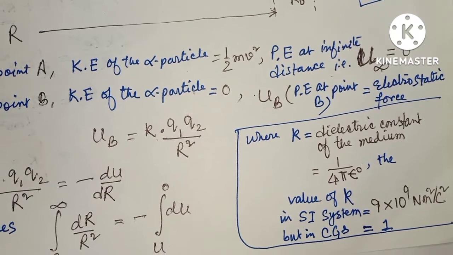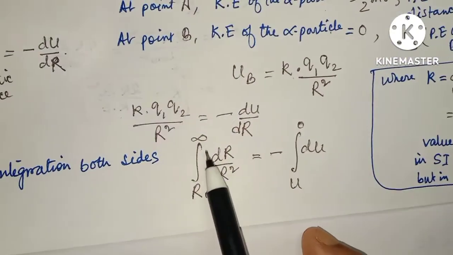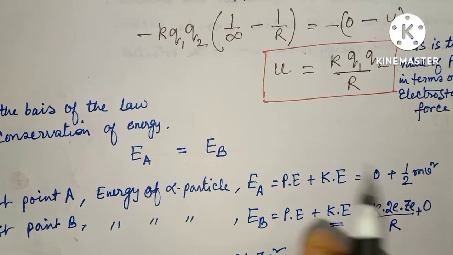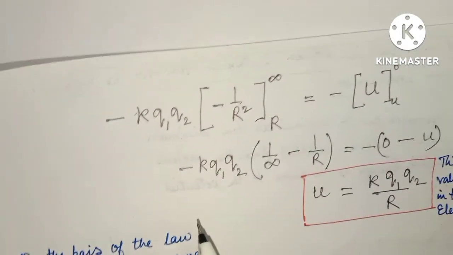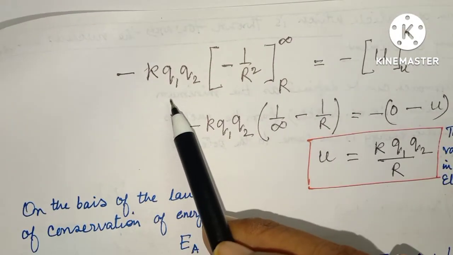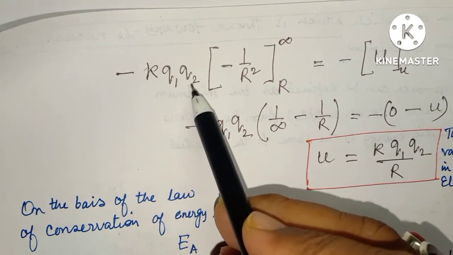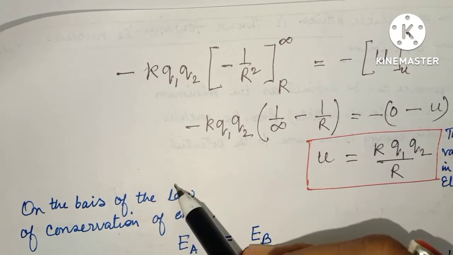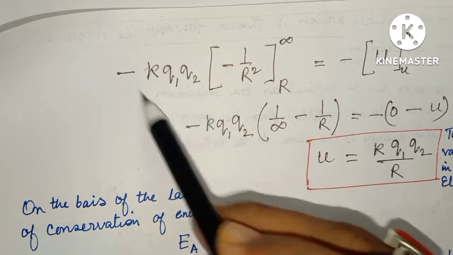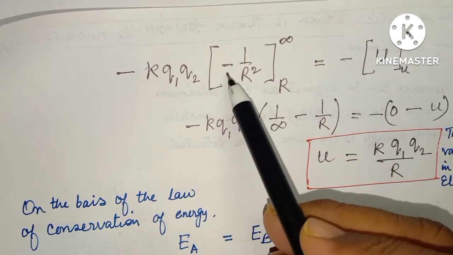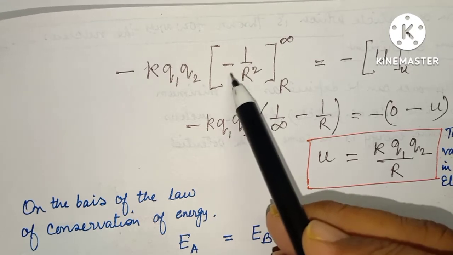Okay, so what will we get by integration? That is minus kappa into Q1 into Q2, because kappa into Q1 into Q2 is a constant, so it has no change, and we know about integration.